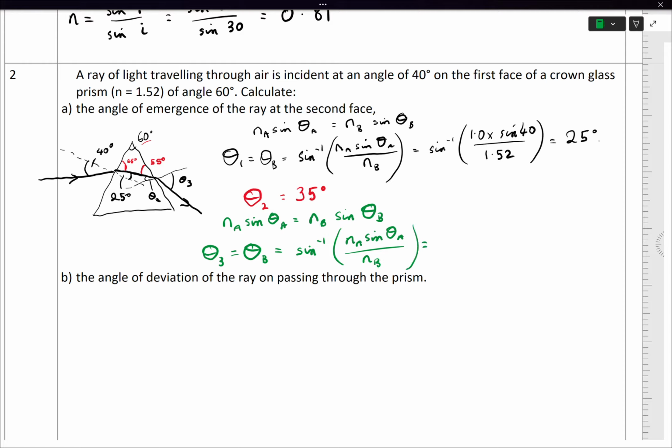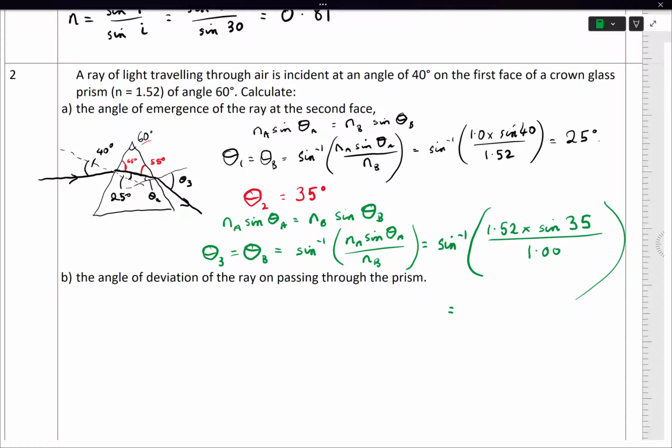This time it's starting in the glass, so the refractive index of the glass is 1.52 multiplied by the sine of the angle of incidence at the second surface, which is 35 degrees, over the refractive index of air, the medium it goes into, which is just 1.0.